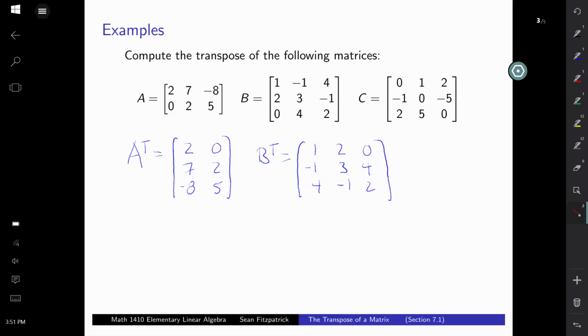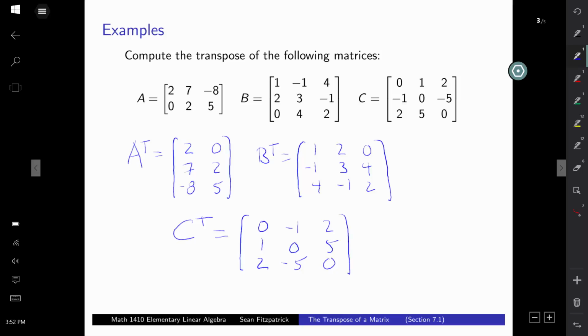And finally the matrix C transpose: 0, 1, 2, minus 1, 0, minus 5, and 2, 5, 0. Actually, let's put a minus 2 in here.